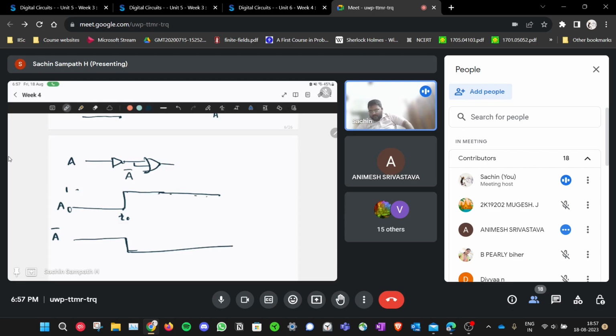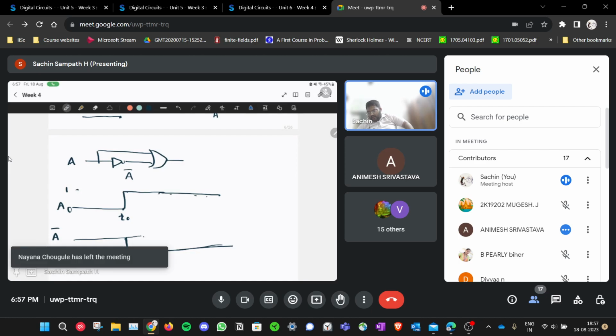But what happened is this NOT gate has some delay. Let's say it's 10 nanoseconds or something. Then instead of suddenly going low like this, it will go low after 10 nanoseconds, right?